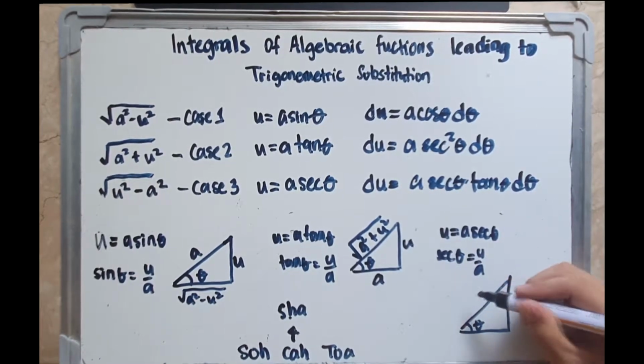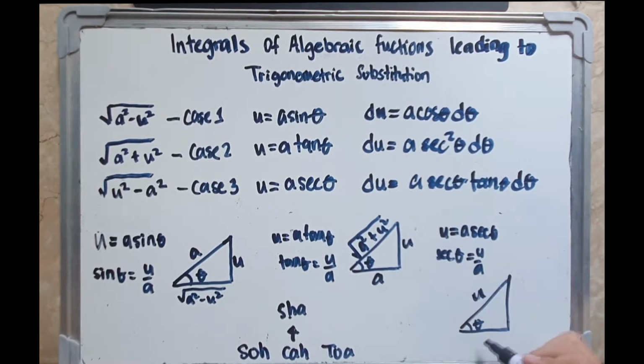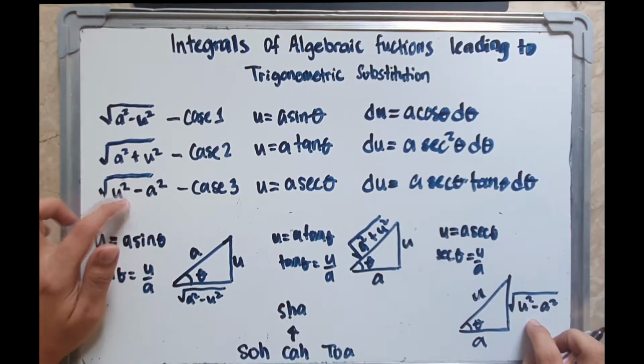So u is our hypotenuse and a is our adjacent. Therefore, this part of our triangle is equivalent to the square root of u squared minus a squared. Seems familiar? This is our original algebraic function.